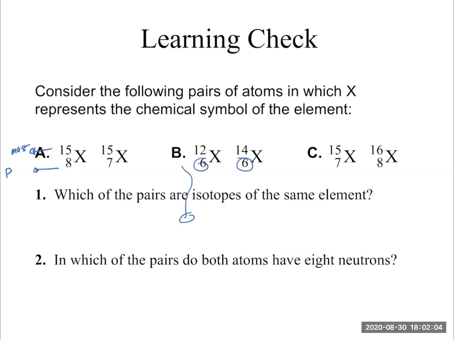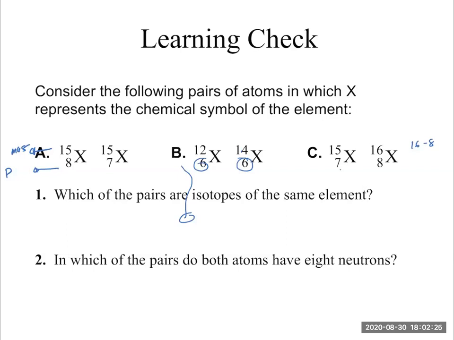So what you have to do is 16 minus 8, 15 minus 7, 14 minus 6, 12 minus 6, 15 minus 7, 15 minus 8, and whichever gives you the same number, that will be the answer. So it will be, this is 8 neutrons.